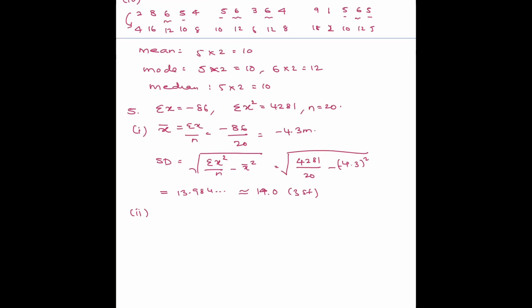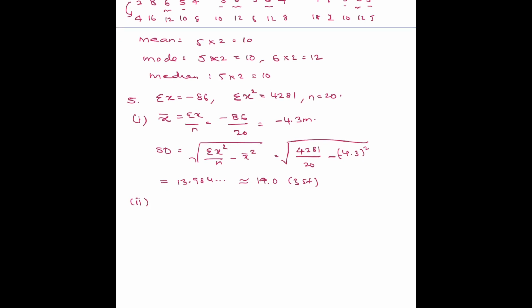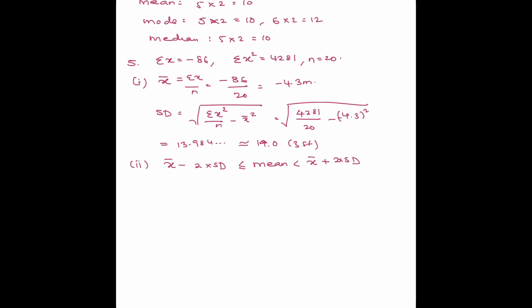Number 2. Later it is noticed that one of the values is negative 47 and it is thought that so large a value is likely to be an error. Give a reason to support this view. Okay, let's check. Generally we check for outliers 2 standard deviations from the mean. So x bar minus 2 times standard deviation, less than or equal to, less than x bar plus 2 standard deviations. So this is negative 4.3 minus 2 times 14.0, to negative 4.3 plus 2 times 14.0.